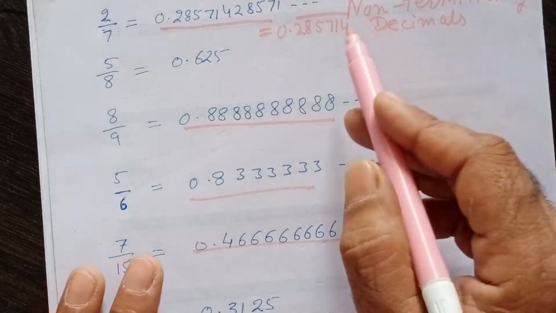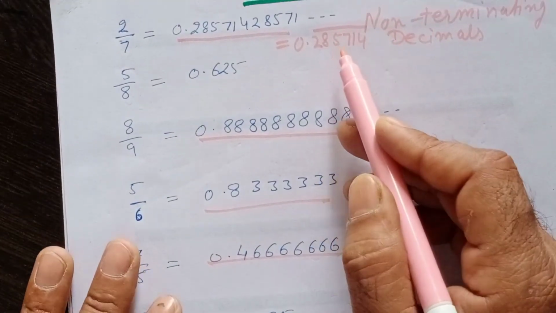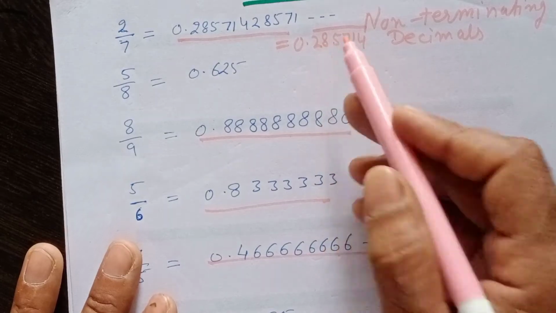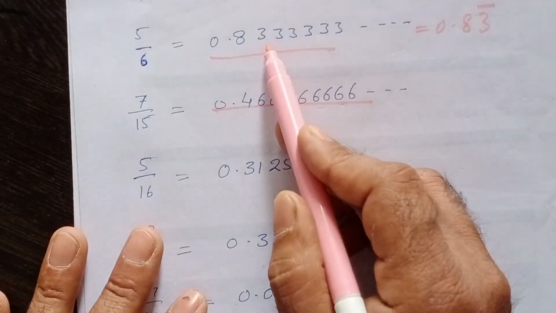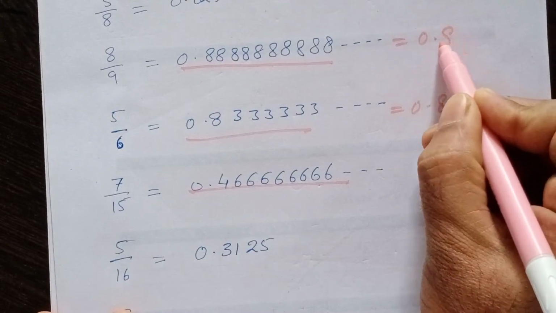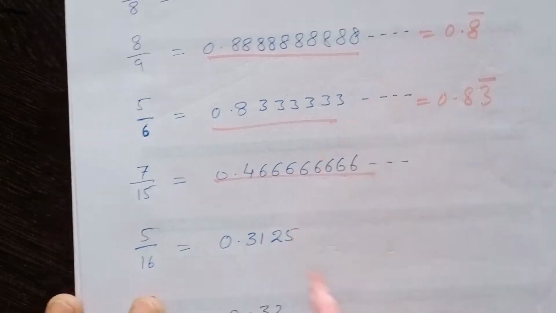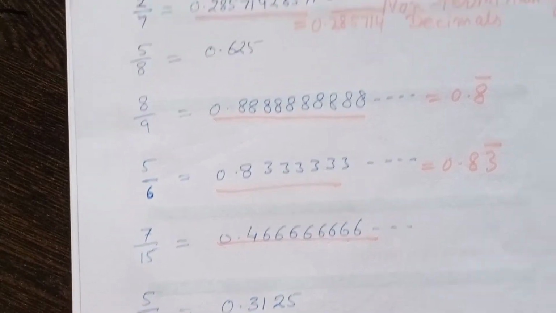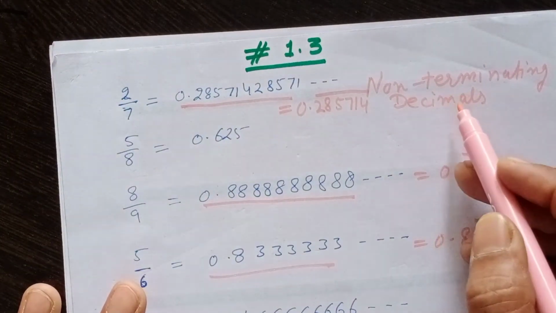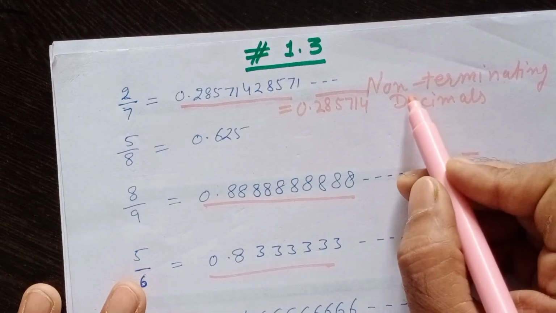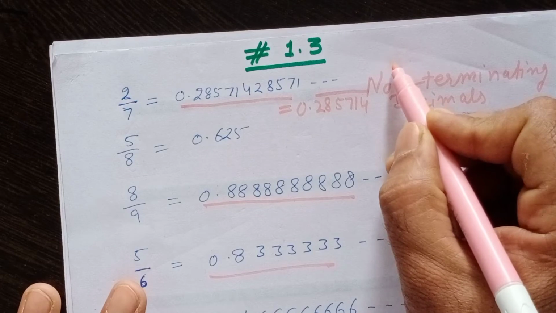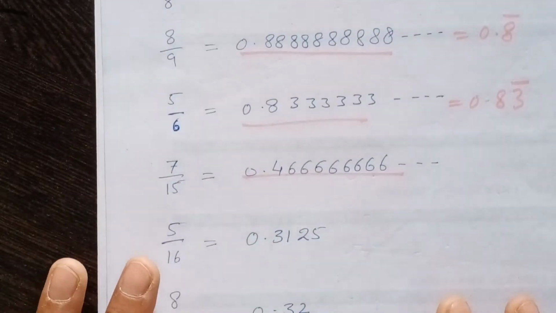So these are repeating decimals also. This is repeating, 3 is repeating, here 8 is repeating. Here you can write 0.8 bar because 8 is repeating. So the full name of the decimal is non-terminating repeating decimals.